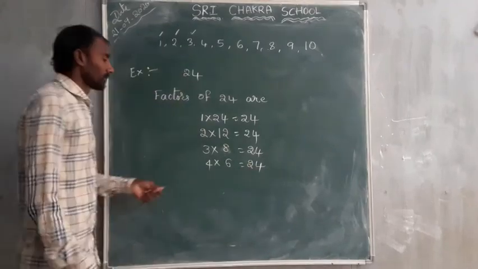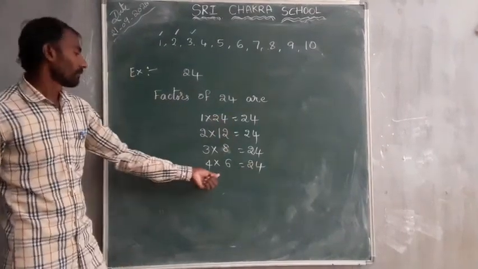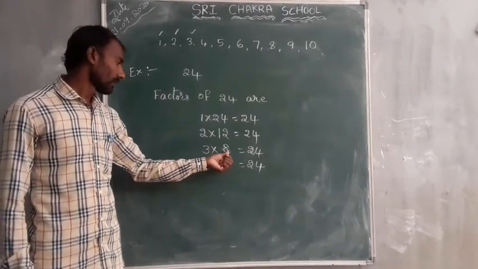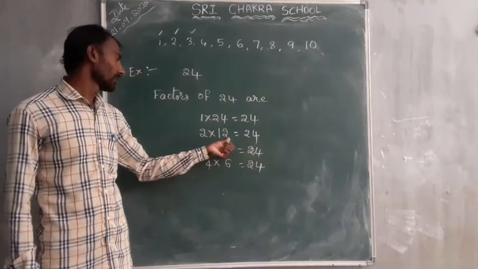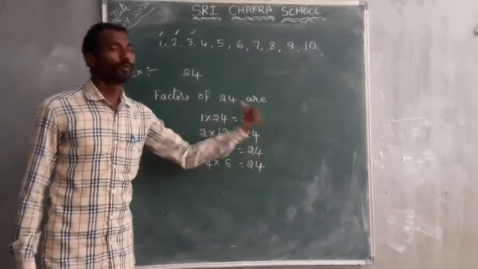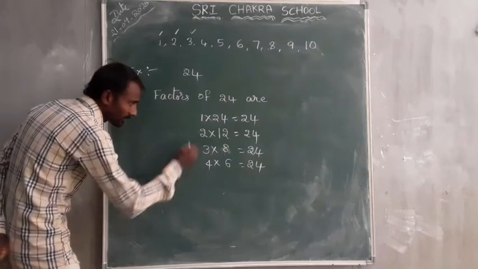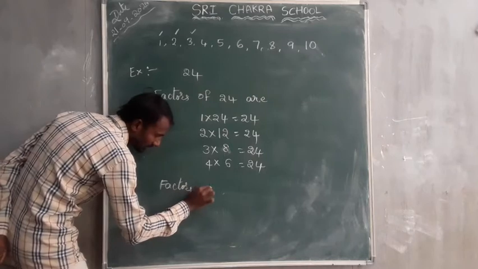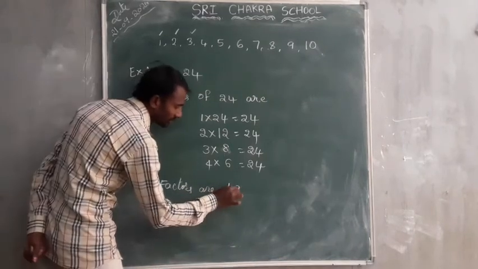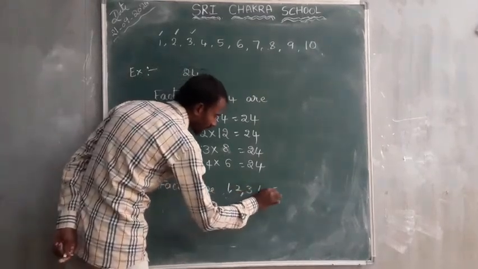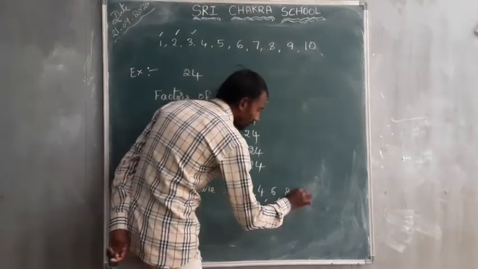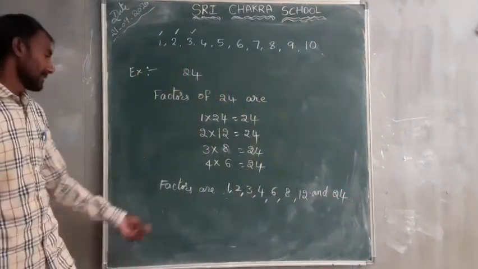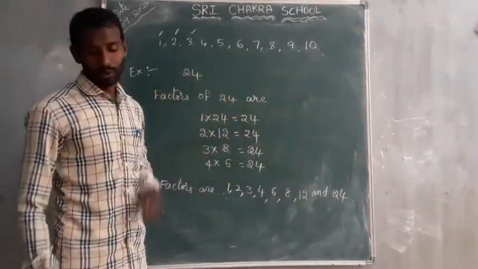So by 5 it is not divisible. 6 already given there. 6 into 4. 7, not divisible. 8 into 3 is given there. 12 into 2, 24 into 1. Okay. Now list out the factors. Factors are 1, 2, 3, 4, 6, 8, 12 and 24. Okay, these are the factors of 24.